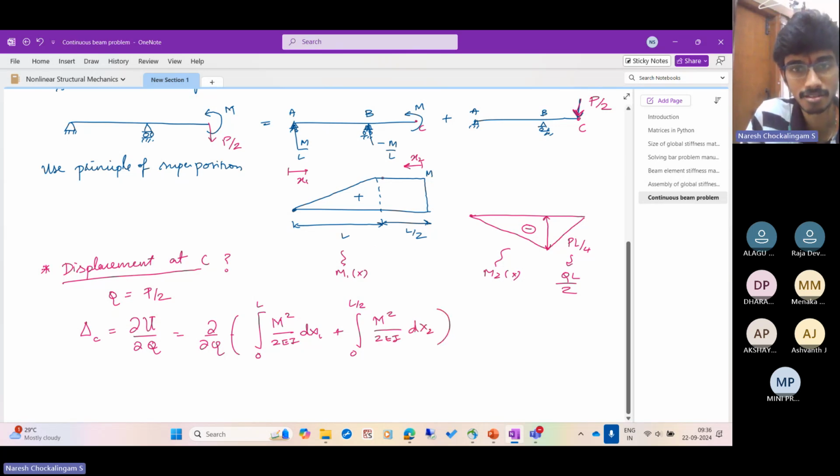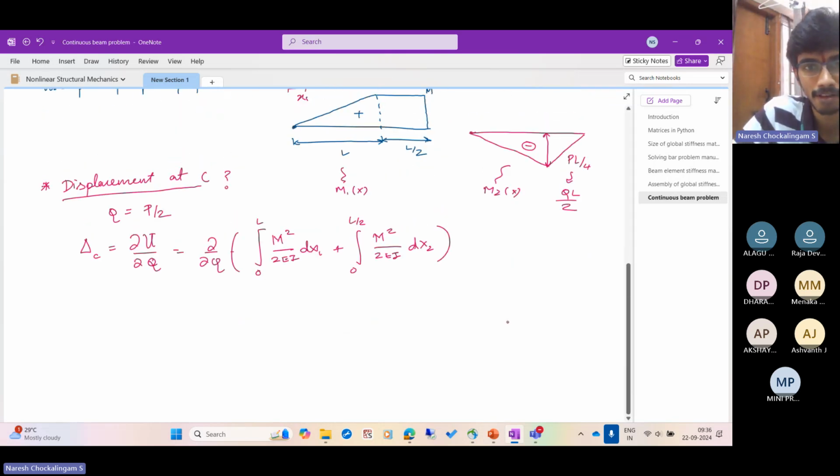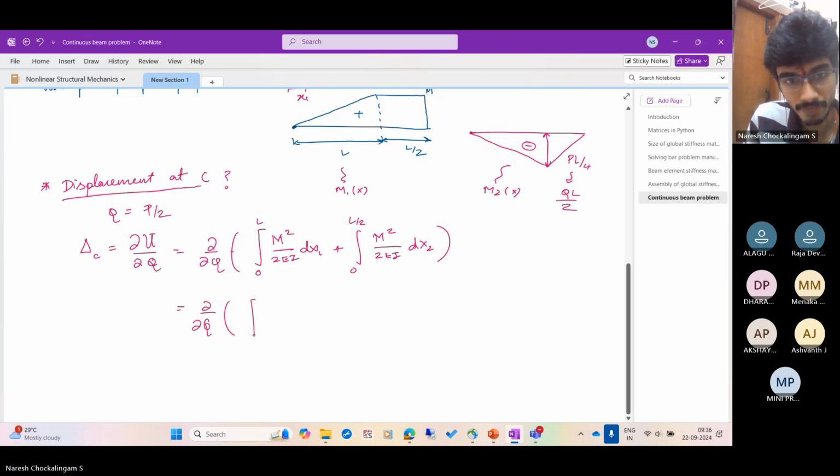You can do that because these are squares and these are just areas under the curve. So you can split the integral, use two different origins for different spans, and you can do it. It's allowed. Okay. So in the first case, in the left span, what is the bending moment? So bending moment is a superposition of this and this.